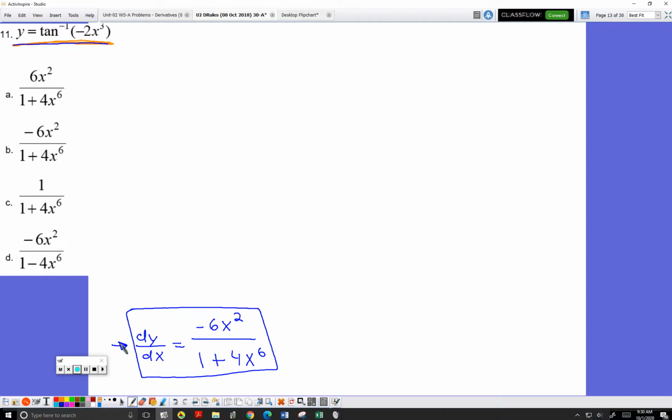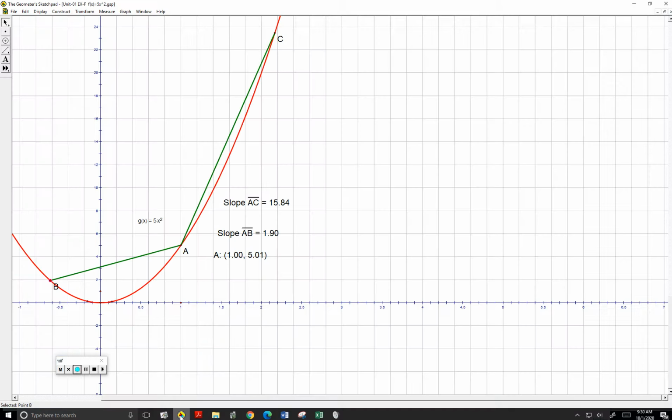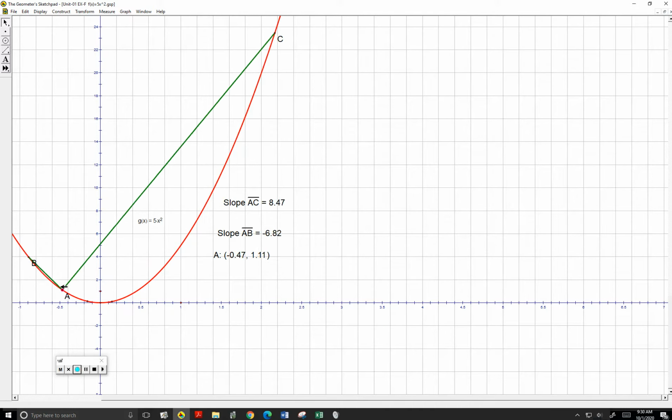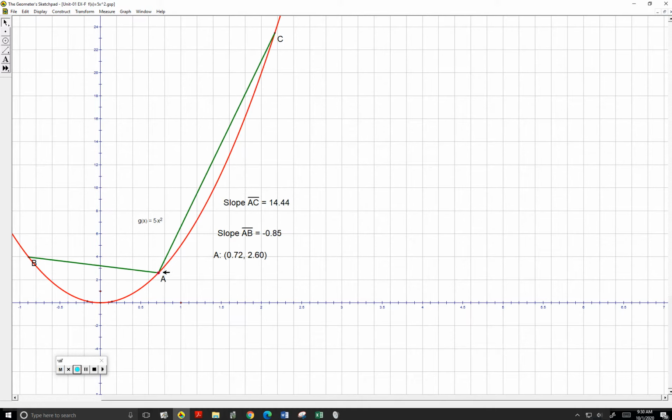Cool. How we accomplish that is, in reality, what we would do is we would say for this graph, we're going to go to each and every point on this graph, point by point. So this A is just moving to different points. We're going to go to every point on this graph, and at every point we're going to create slopes to left and right. So here's a slope to the left, here's a slope to the right.